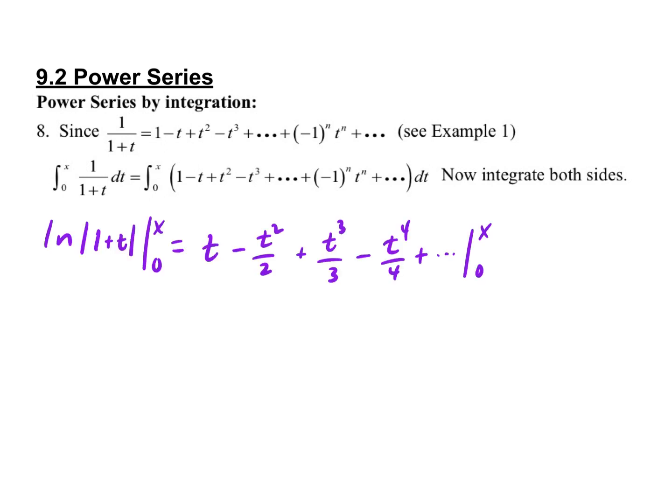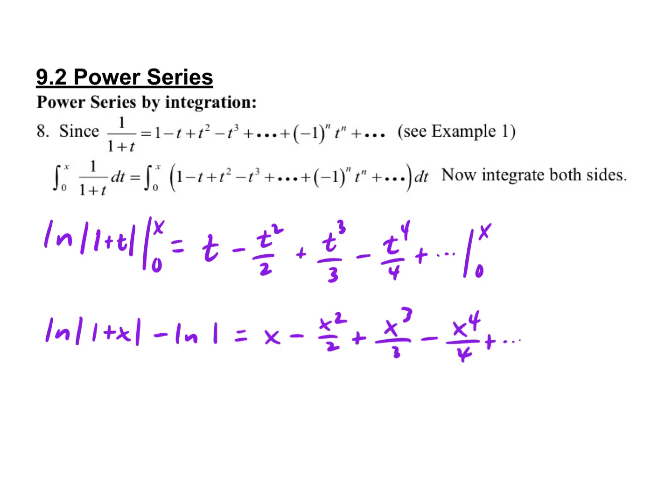When I integrate 1 over something like this, that's the natural log. In this case, it's the natural log of the absolute value of 1 plus t, and I'm going to integrate from 0 to x. When I integrate the series, I get t minus t squared over 2 plus t cubed over 3, etc. When I integrate from 0 to x, I replace t with x and subtract the value at 0.